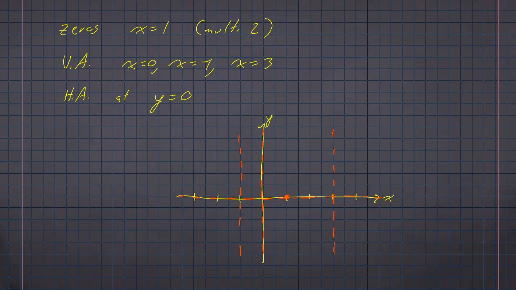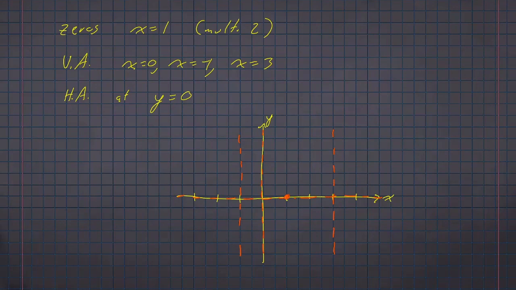I don't have the benefit of end behavior that I had previously. So figuring out where this graph is going to be above the x-axis and where it's going to be below the x-axis is a little bit trickier.